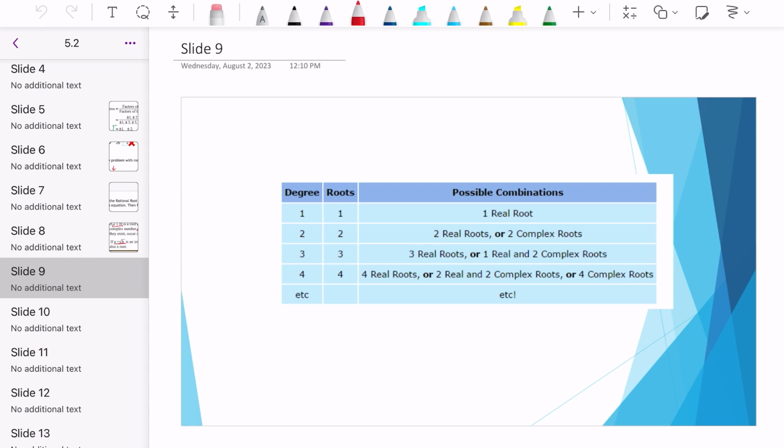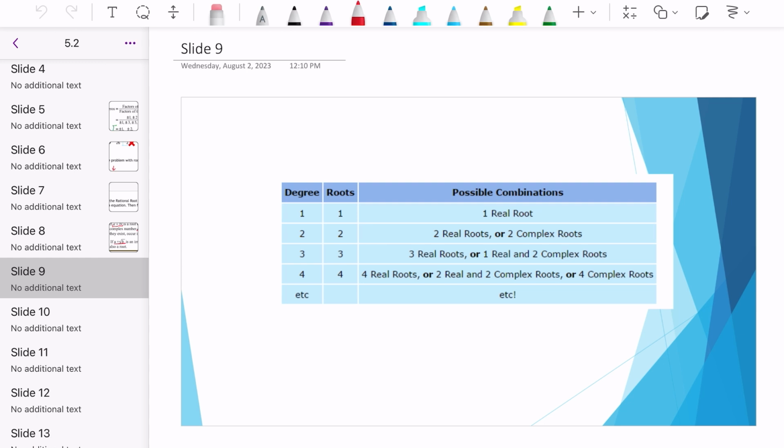In slide 9, we go over a table of possible answers for the type of degree and root that you would see within a polynomial. One thing to realize is that your degree and the number of roots that you have are equal. The type of roots that you would end up with can change depending on the number. So if you have a degree of 1 or an exponent of 1, you would end up with 1 root, and that would be a real root.